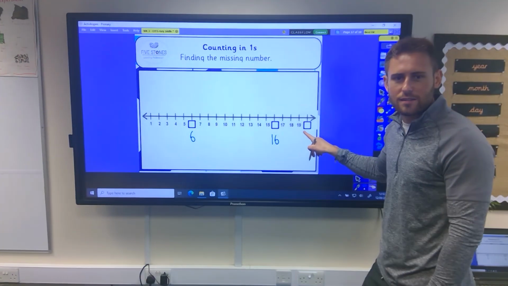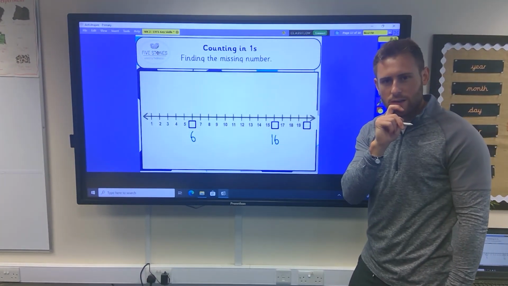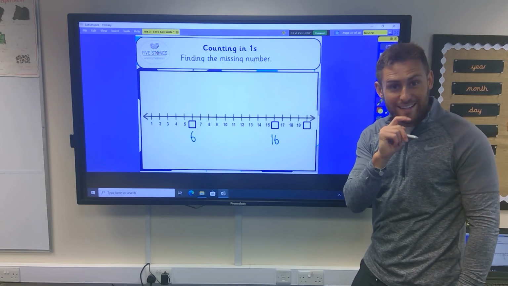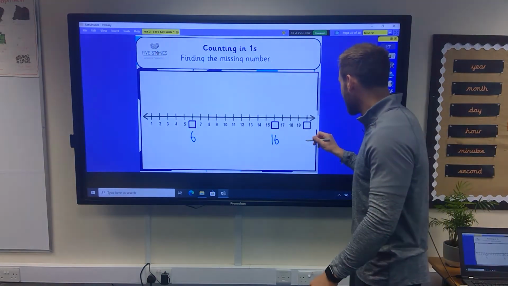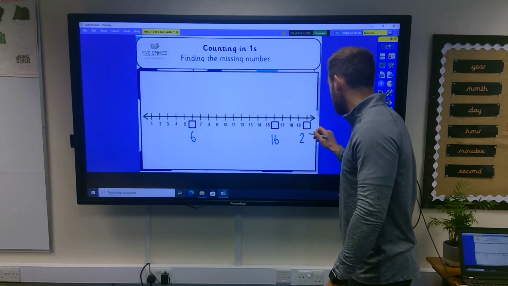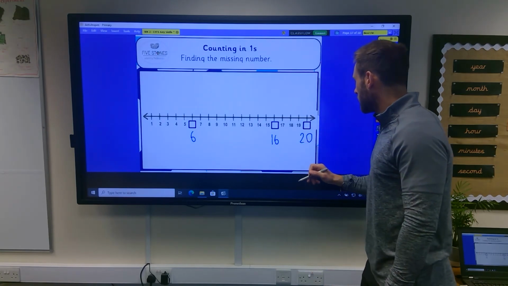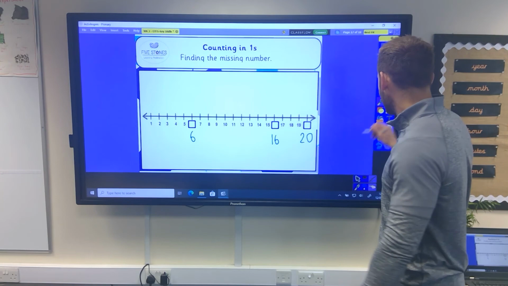What about this last missing number? What did you think it was? 20. I missed out that big number, 20. 2 tens, 0 ones. Right, let's see if you got it right.